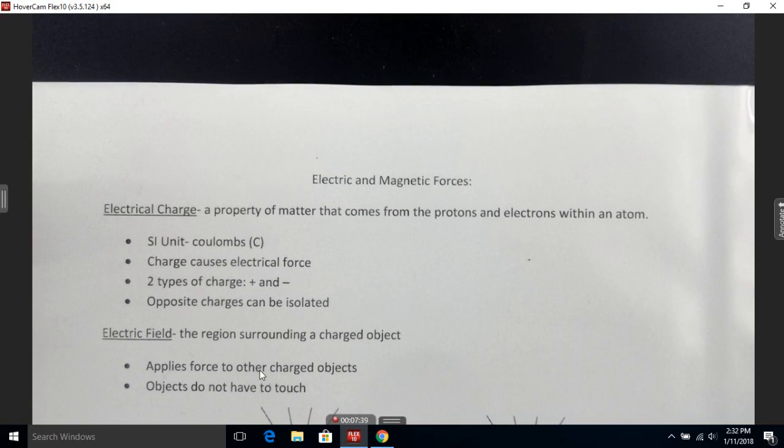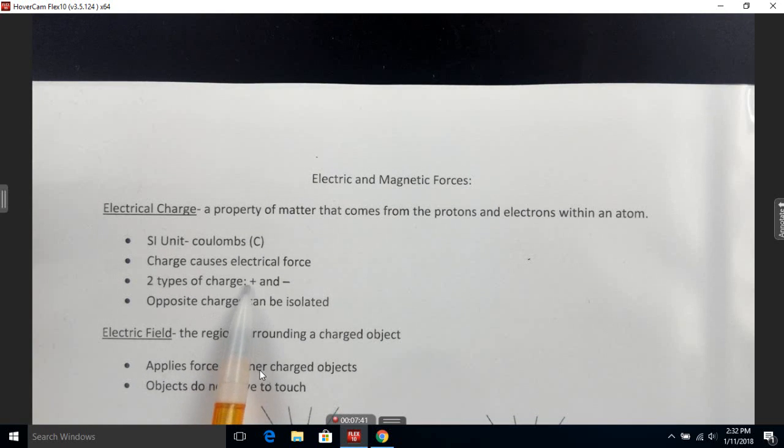Okay, so we've already decided we have two types, a plus and a minus. The last thing, most important right here, is the biggest deal. Opposite charges can be isolated. Basically, charges can be isolated. What that means is I can have just a positive and just a negative.